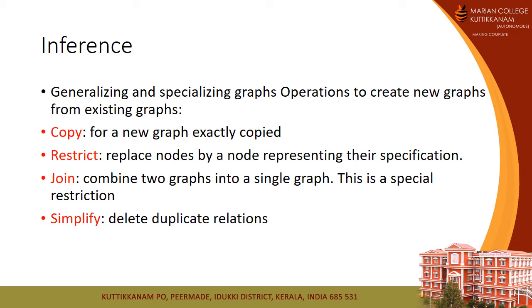Join combines two identical graphs C1 and C2 by attaching all relation arcs from C2 to C1 and then erasing C2. The last one is simplify. It eliminates one of two identical relationships in a conceptual graph when all connecting arcs are also the same.